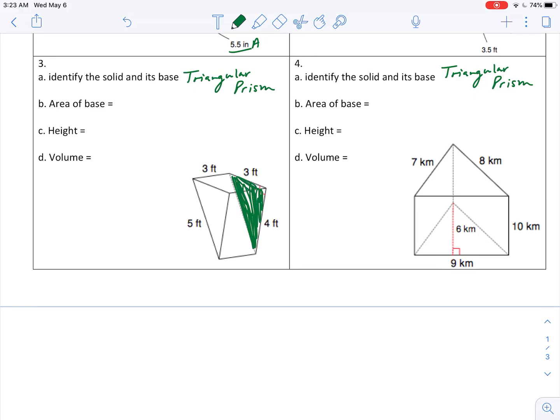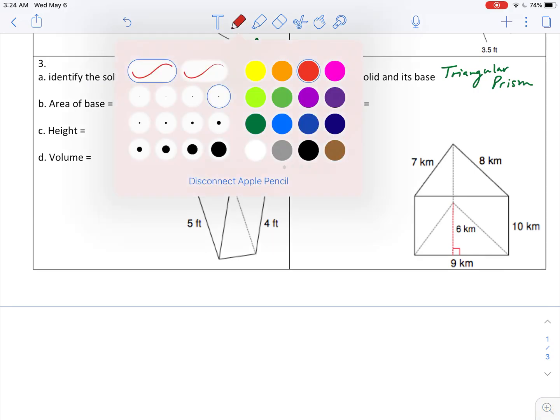So the thing I'm really concerned about is making sure that when I'm identifying the base, I've got a clear idea of where that base is. And to find the height, this is crucial right here. If you have zoned out so far, I really need you to zone in for just 2 seconds right here.